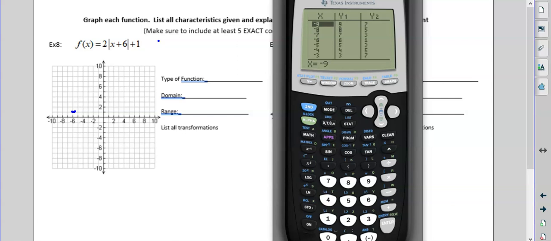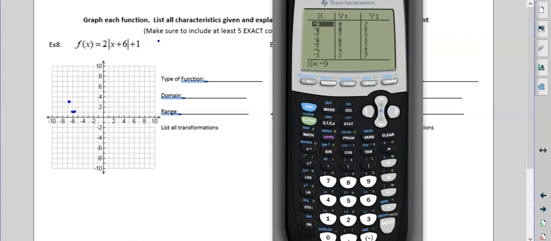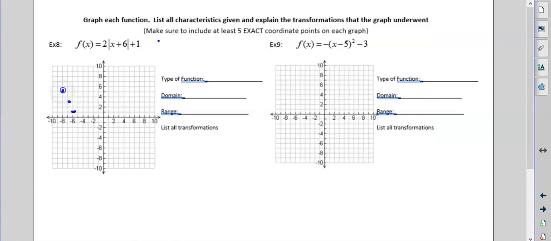So instead of going up 1, it goes up actually 2. So -7, 3. And then -8 is 5. So it jumps up 2 every time. So same thing over here, right 1 up 2, right 1 up 2. And there is our function right there.